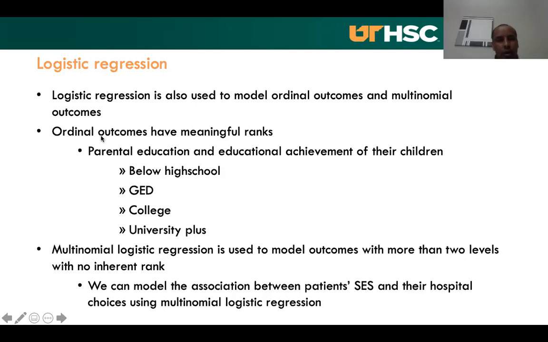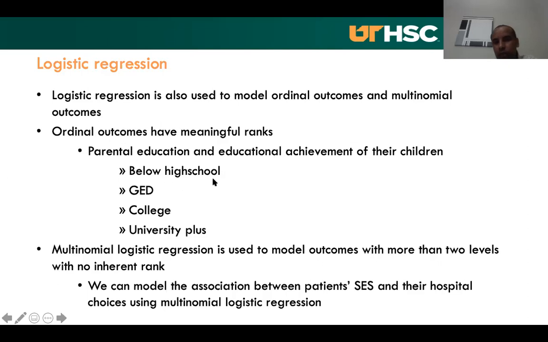For ordinal outcomes, the outcome has more than 2 levels, and there is an inherent rank between the levels. An example is parental education and educational achievement of their children. To examine the association between parental education and the educational achievement of their children, we can use ordinal logistic regression analysis.